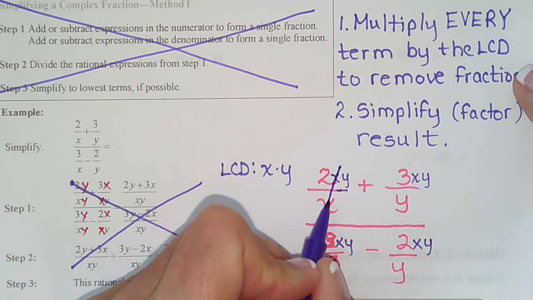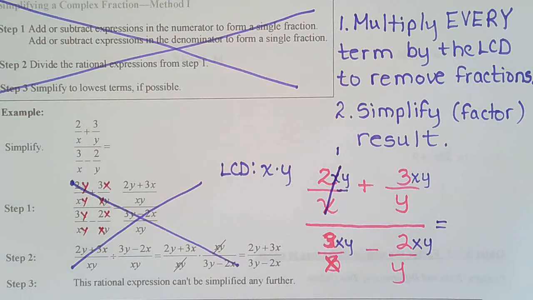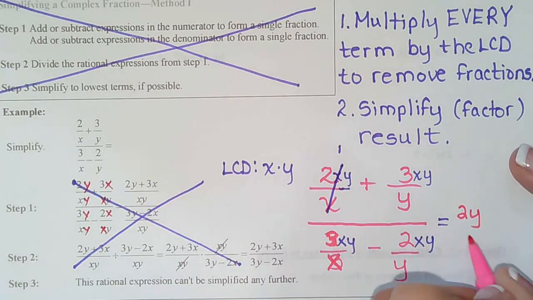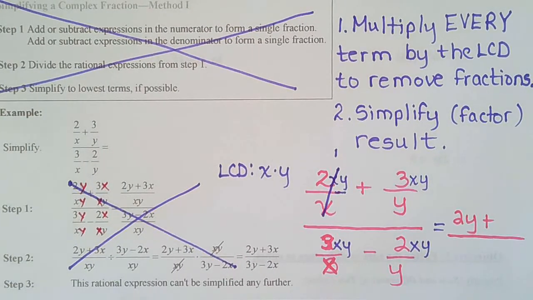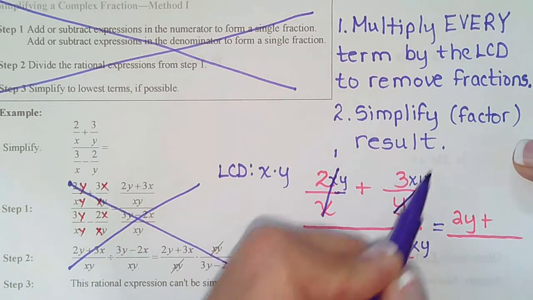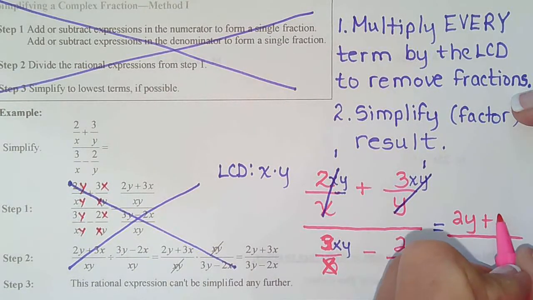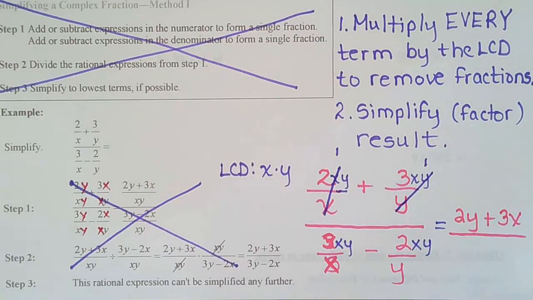So x over x is 1. So what does that leave me? That leaves me with 2y plus y over y is 1. That leaves me with 3x. X over x is 1.